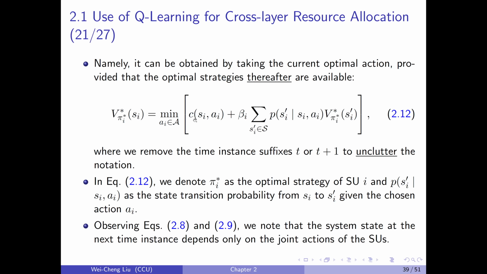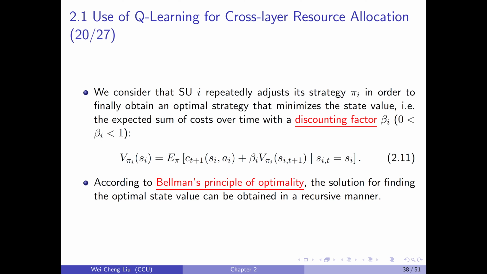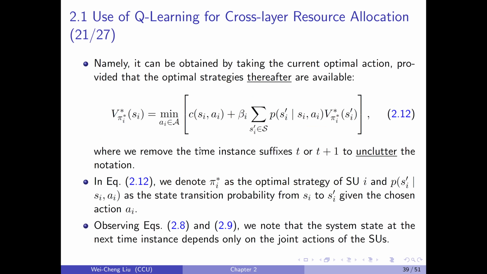Do you remember? Let us go back to review the cost function. You can see that on page 38, the expected sum of costs over time. So C is the cost function.